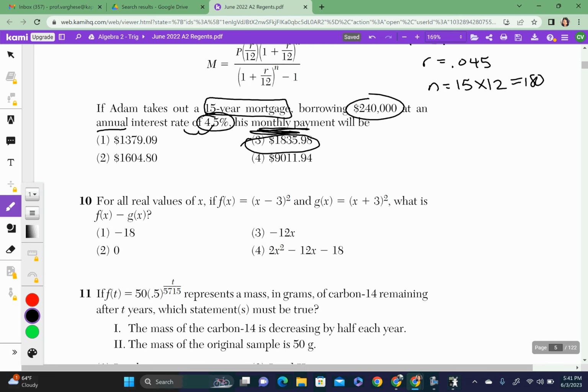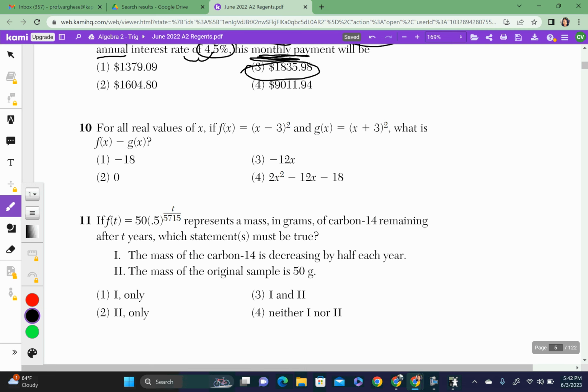Next one, question number 10. What is f of x minus g of x? Okay, so I'm going to take f of x, which is this right here. So x minus 3 squared, and subtract from it g of x, which is x plus 3 squared. Okay.